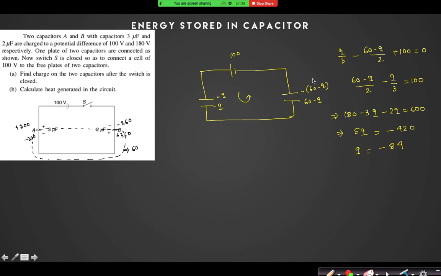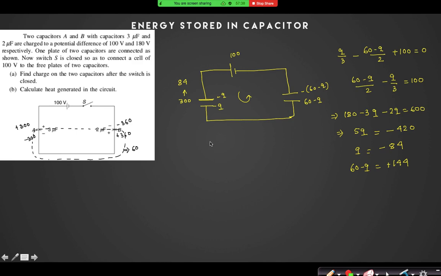And the charge on another plate is 60 minus Q, that will be minus 144. 60 minus Q is plus 144. Right? So now the charge on this plate which was initially plus 300, now the charge on this plate is minus q, that means plus 84.